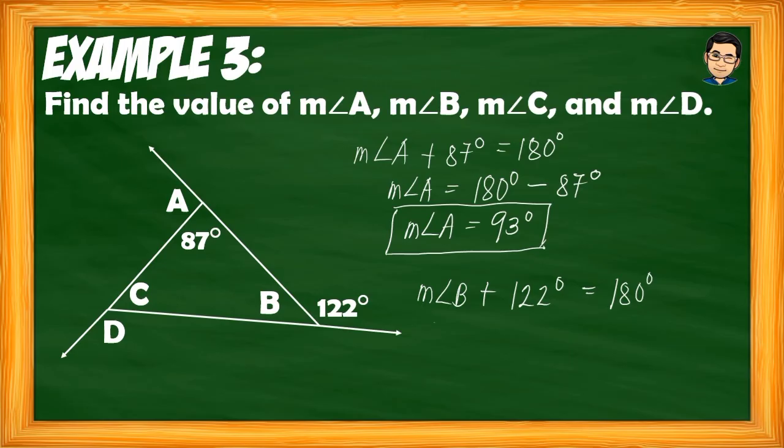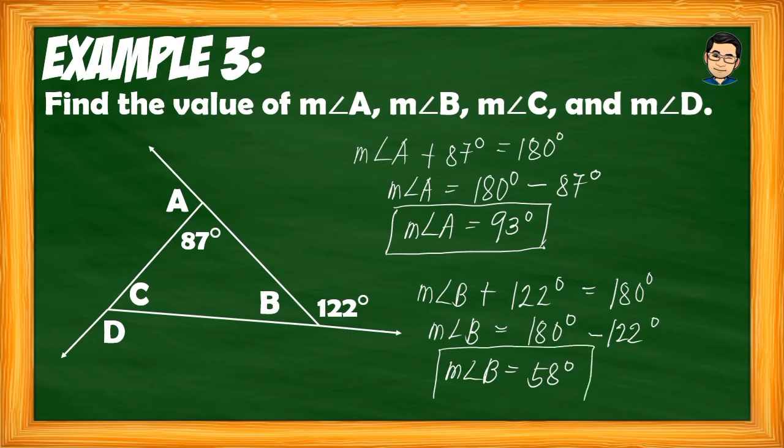So, magiging measure of angle B is equal to 180 degrees minus 122 degrees. So, the measure of angle B is equal to 58 degrees. So, ayan, meron na rin tayong sukat ng angle A tsaka angle B.